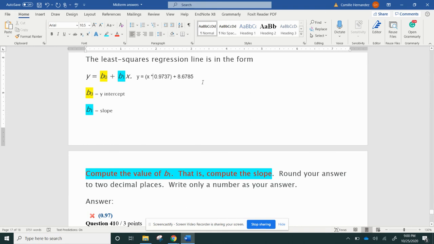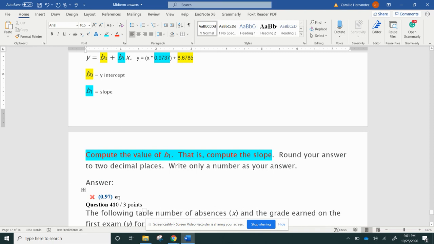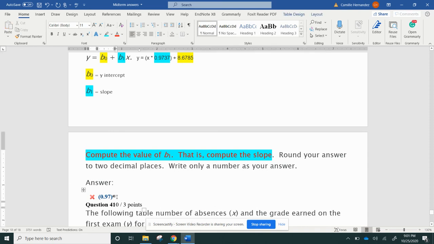All right, so I don't have it in the exact same way, but I'm going to highlight it. This is the y-intercept, and this is the slope. Okay, so my slope is 0.9737. And if you look down here at the answer, there it is. And SALT did it for me. I didn't have to do anything else.